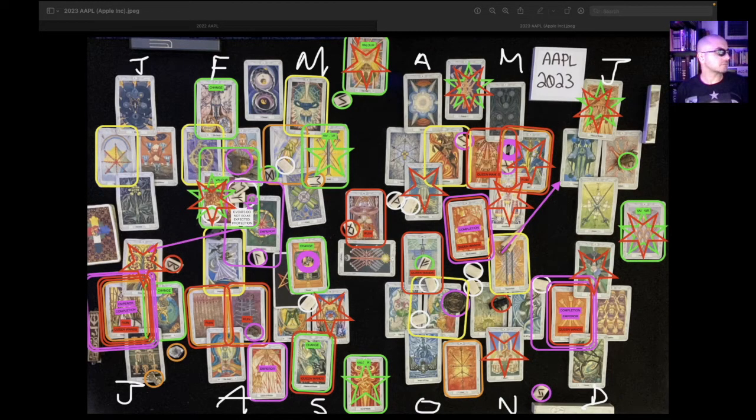Yes. Is the price level of Apple's high on December 20th the same price level as the high of Apple on the 13th, 14th of December? Yes.